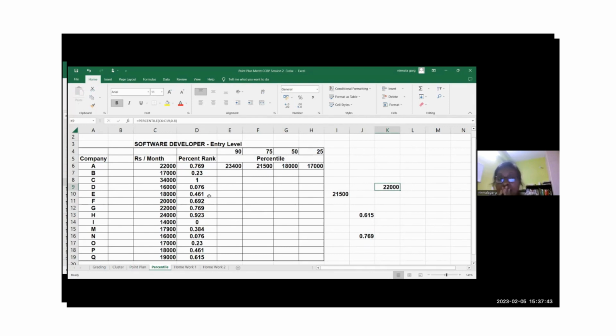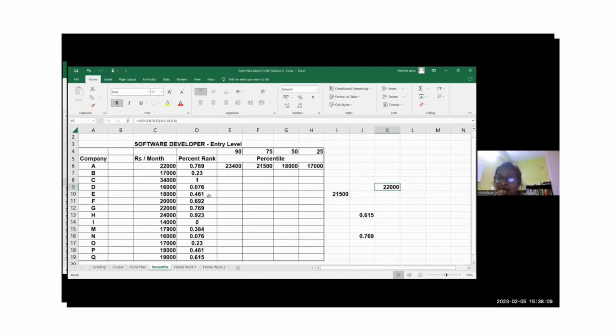I want to hire the best. So I want to position myself at what percentile? 95th. So what data do I have? I'm a startup. I don't know how much to pay, but I know that I want to pay at the 95th percentile of the market, because ultimately I'm getting people from the market only.